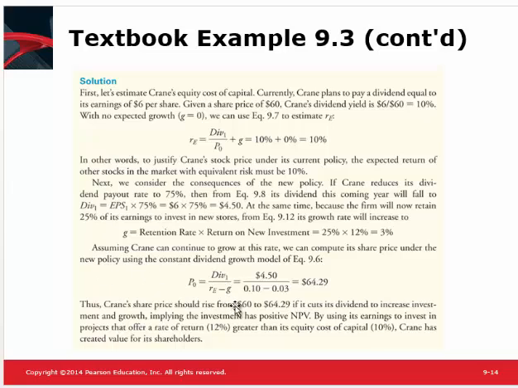The new price is the future dividend, that's the $4.50, divided by the cost of equity less the growth rate that's implied from the reinvestment of money. So now our price goes to $64.29. So it goes from 60 to 64.29.